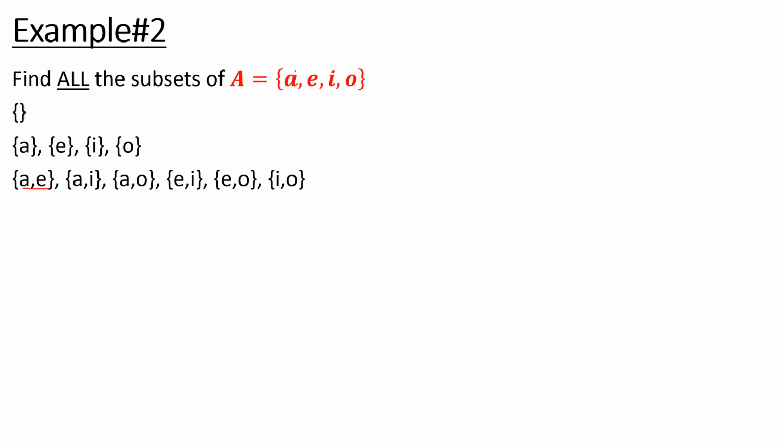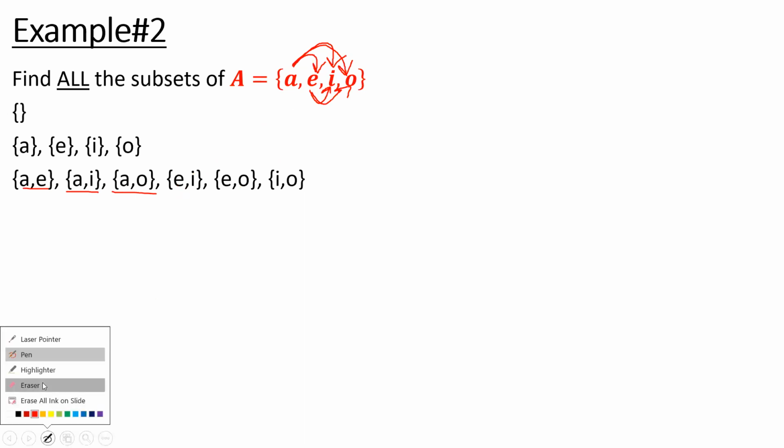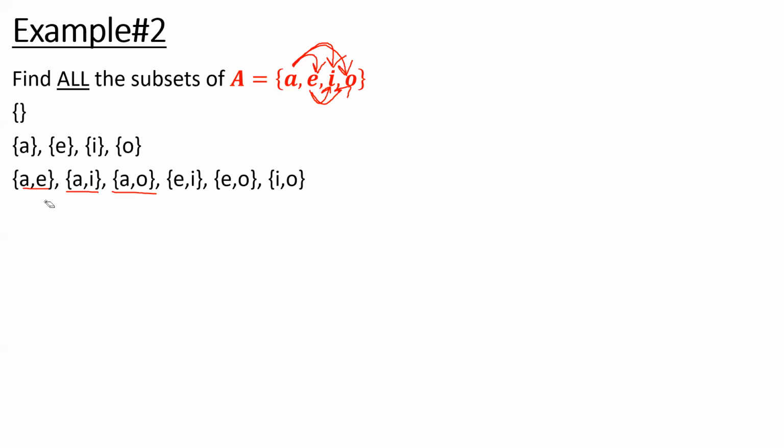So it's going to be A and E, A and I, and A and O. Do you see that, Joseph? And then you have E and I, and E and O. And then the last one is I and O. That's how we get them. Do you see that? Yes, sir. You sure?